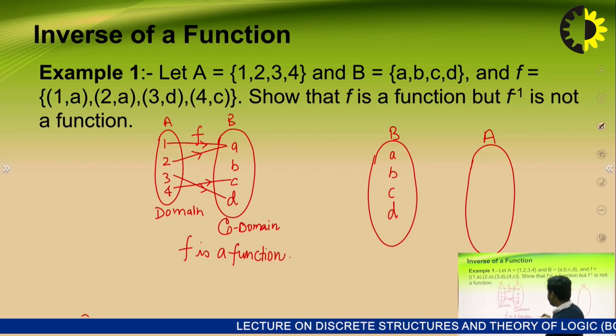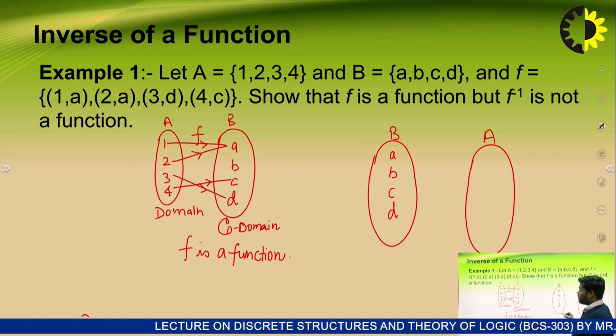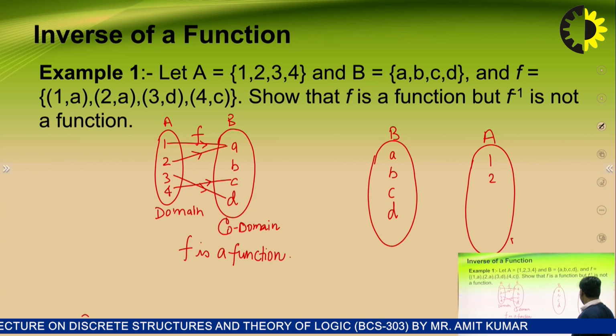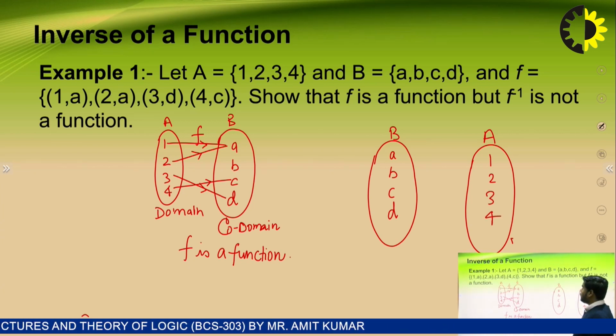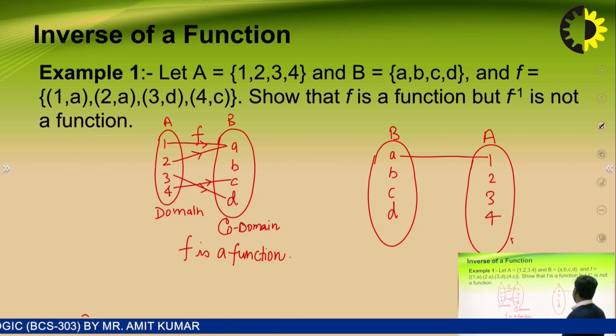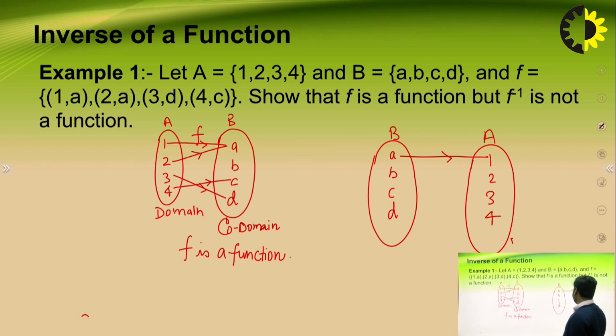Okay, but now we are taking f inverse. F inverse means we are taking b and a: 1, 2, 3 and 4. Now we are going to relate it. Okay, how? a is related to 1, good, b is related to 1, 2 is related to a, okay, 2 is also related to a, okay, 3 is related to d, okay, and 4 is related to c.